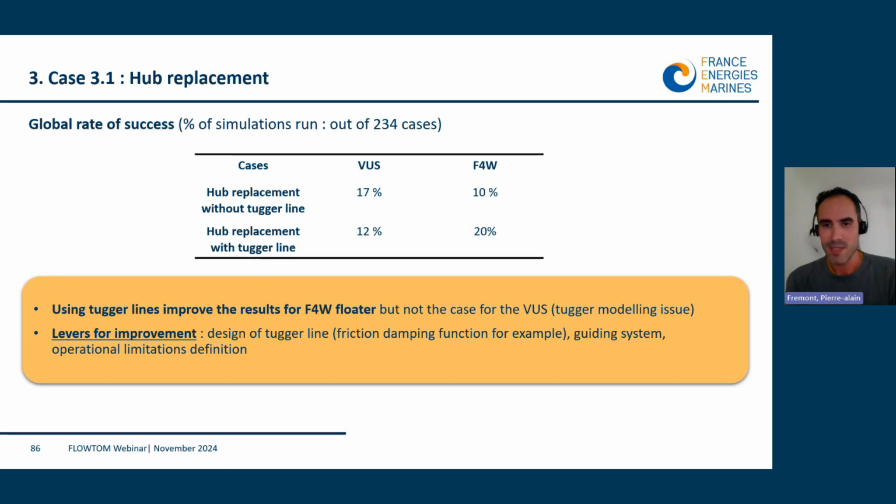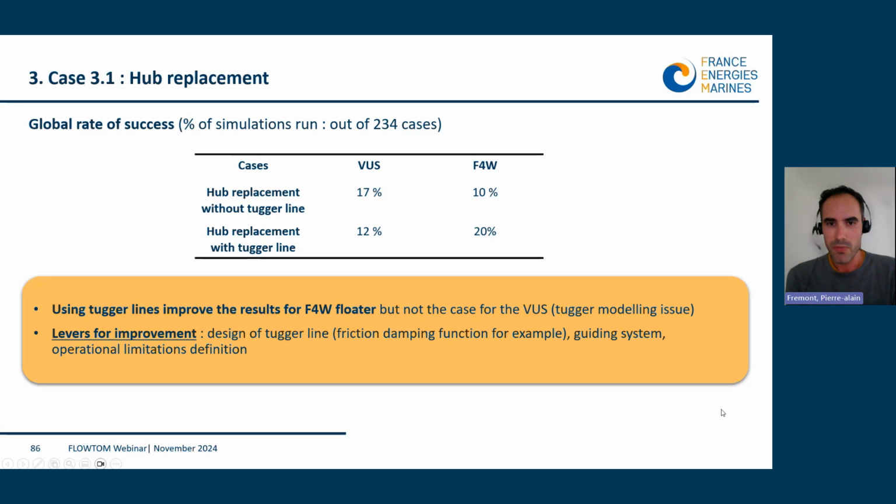The reason for that is some modeling issues with the tugger lines, creating some kind of excitation of the package, which amplifies the motions and so reduces the distance, the offset, and creates some failures.